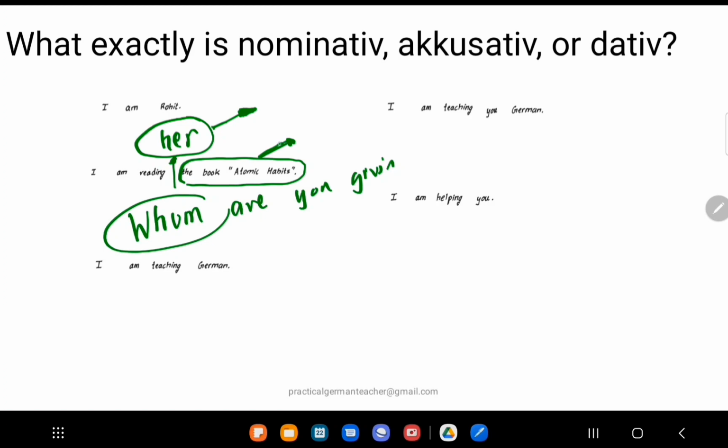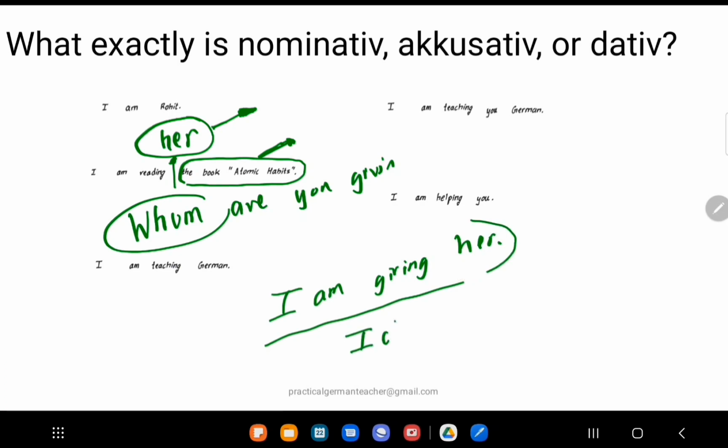Just to make you understand, if I just replace the book Atomic Habits and I only have her over here, if I just say I am giving her. Now in German, if you want to say this, you can say ich gebe.